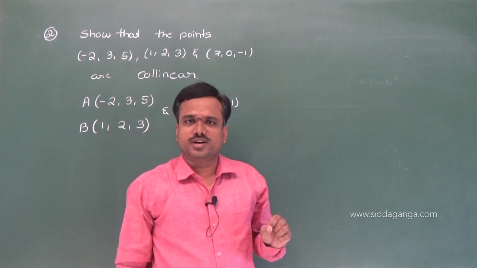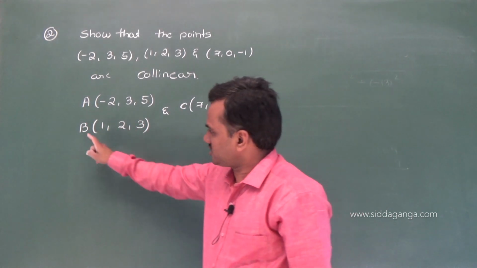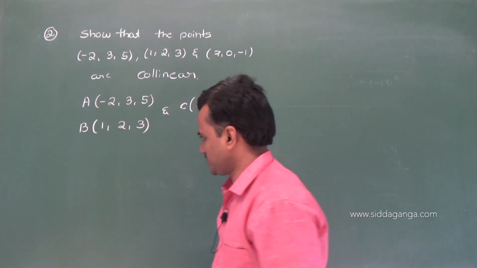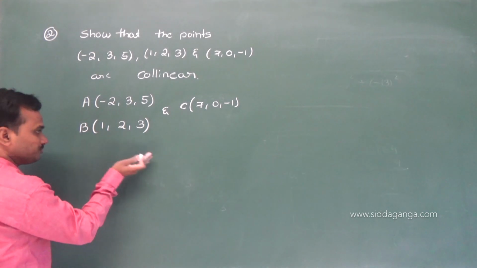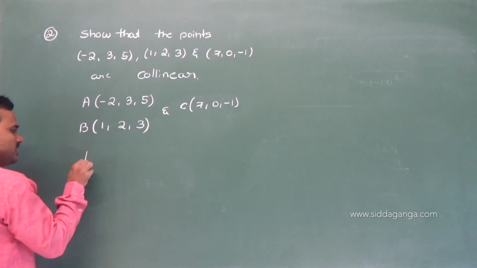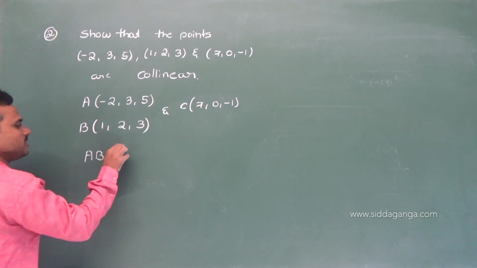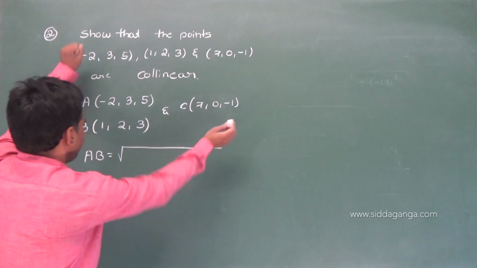Firstly, we find the distance between A to B, B to C, and A to C. One by one we find. We already know how to solve these problems.